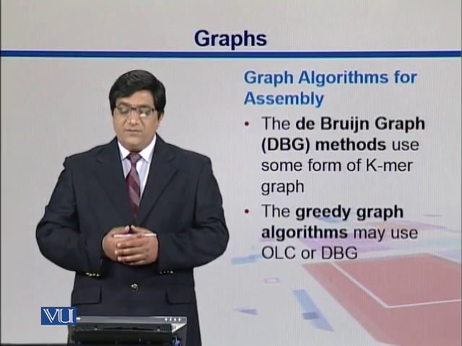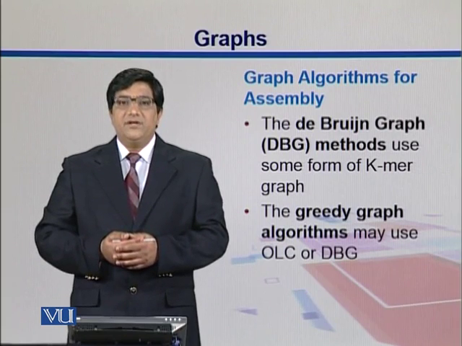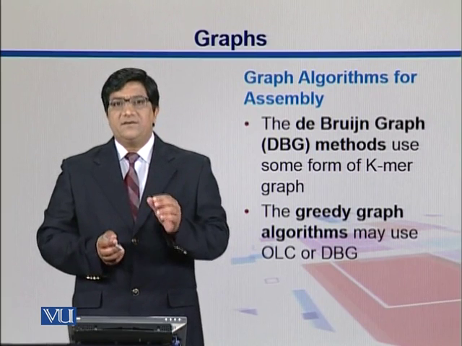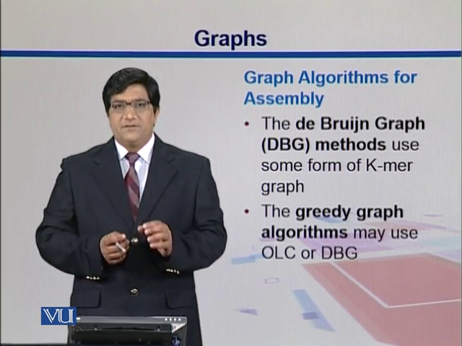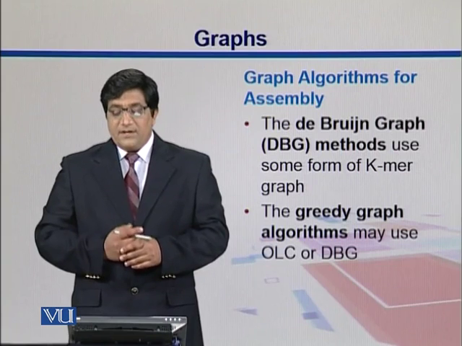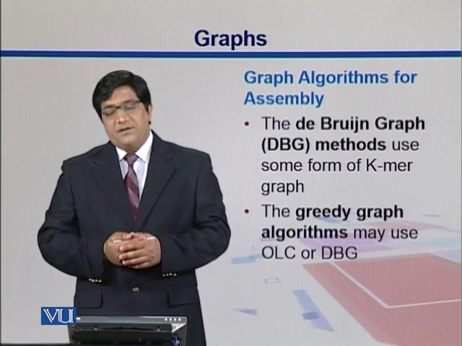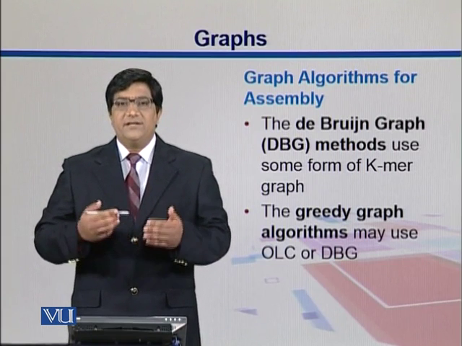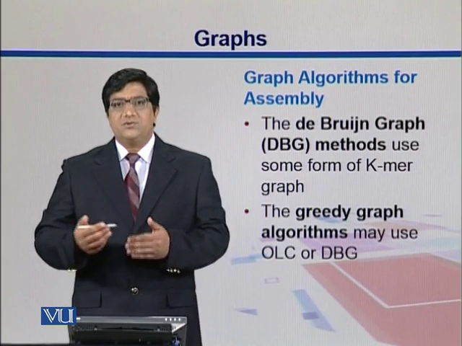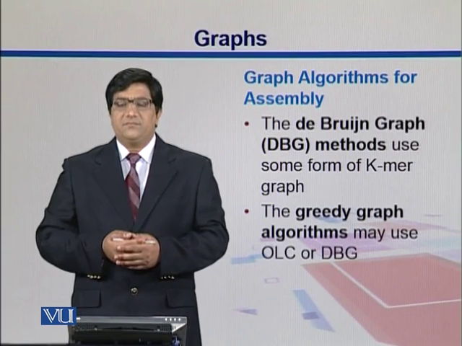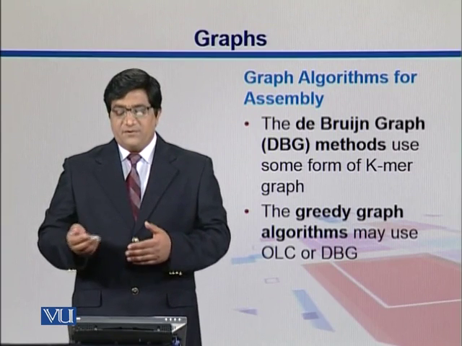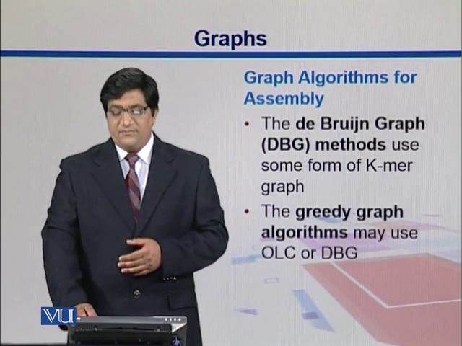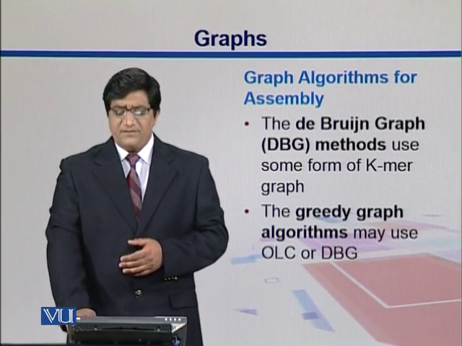The other is the de Bruijn graph, where we break reads into further small fragments, take subsets of reads and compare them. We call them k-mers. We'll talk about them. The greedy approach may use both of them, OLC or DBG. Basically greedy is an approach where we use anything coming from any one of the methods. So these are the three main approaches as far as graph algorithms are concerned.